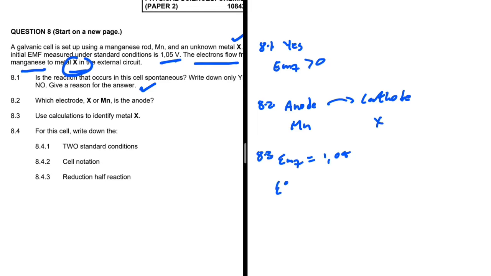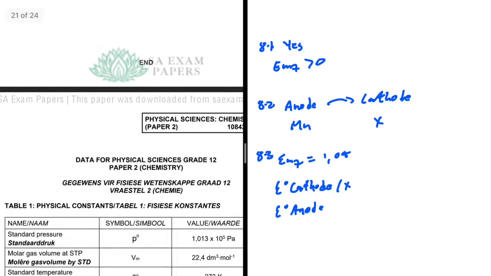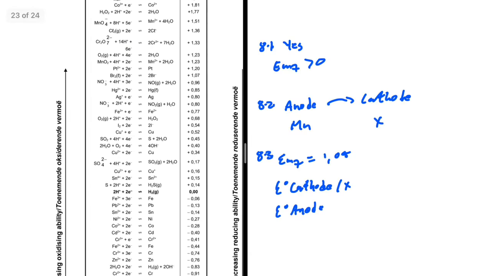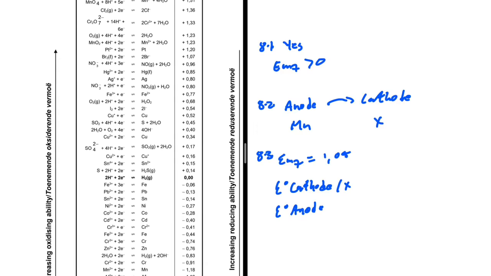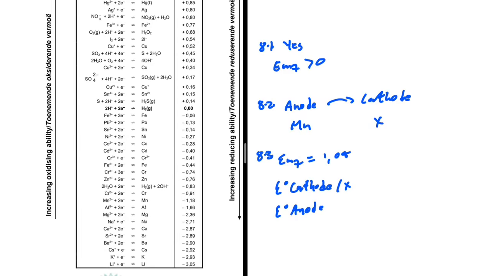At the cathode, this is where we have our metal X, and at the anode, that's where we have Mn, like we've deduced. So now let's look for our table of standard reduction potentials. We can use table 4a or table 4b, there's no difference really. Let's look for Mn and see where it is.